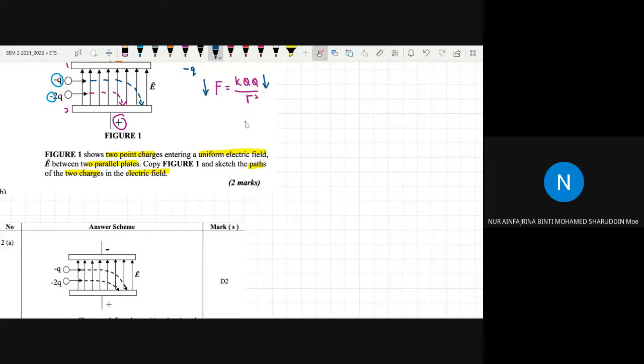So if you letak balik dalam formula E equals to F over Q, bila you punya F rendah, E you akan rendah. So maksudnya sekarang force tu dia akan rendah untuk charge Q. Padahal for charge 2Q is greater lah. So sebab itu dia akan deflect sikit. And one more thing, ini lebih ringan compared to this one, 2Q.